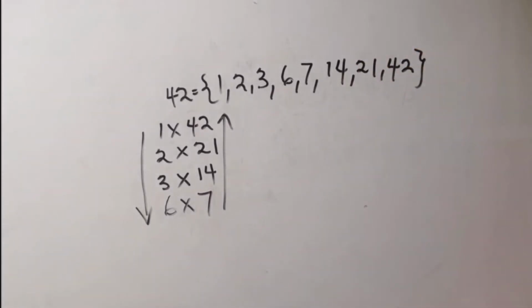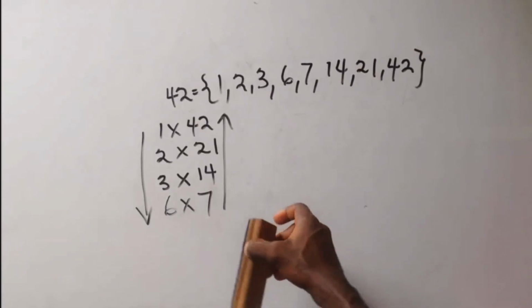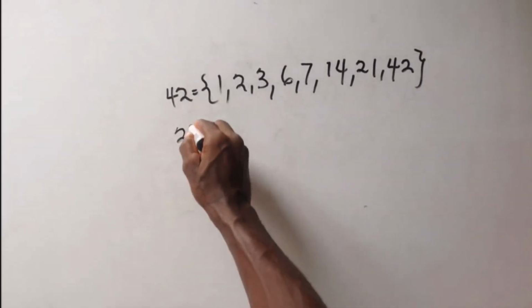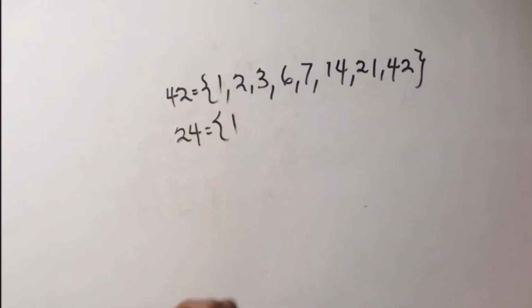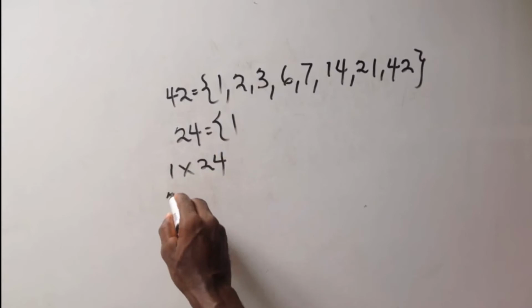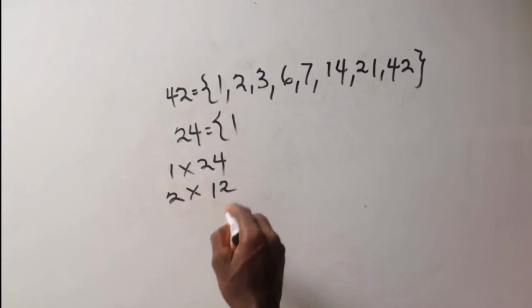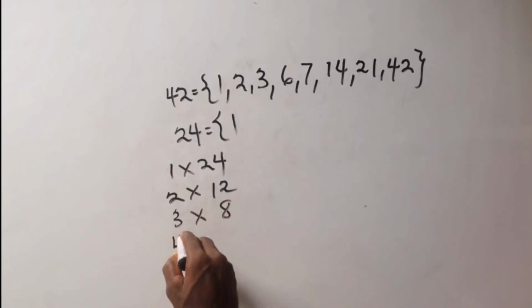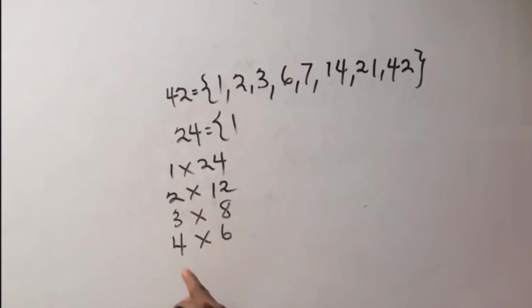Then let's find the factors of a different number, say 24. One is always there, so 1 times 24, 2 times 12, 3 times 8, 4 times 6, and between 4 and 6 we have the number 5, and 5 is not a factor of 24 because 5 times 5 produces 25, and it's beyond 24, so 5 is not.